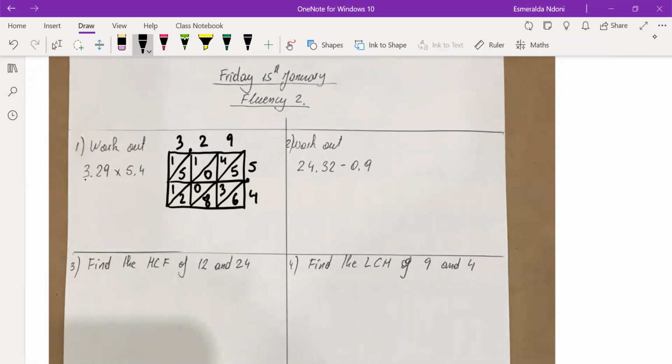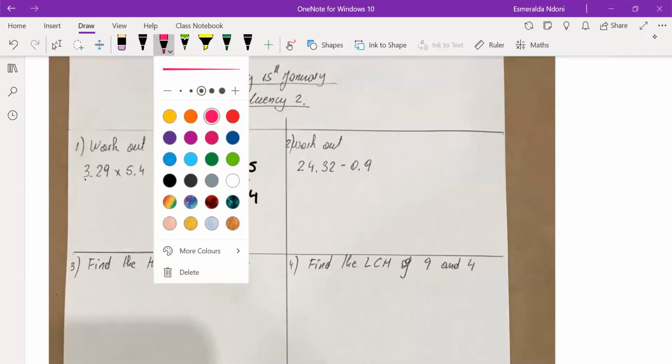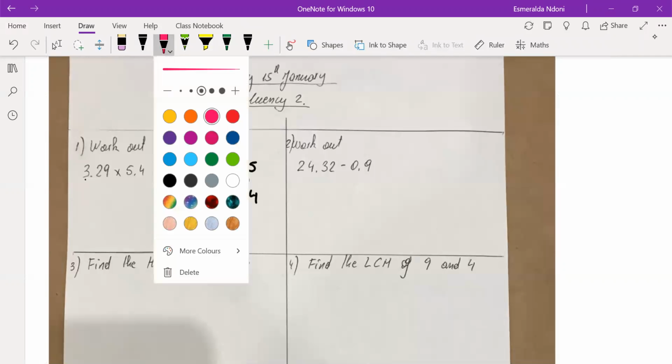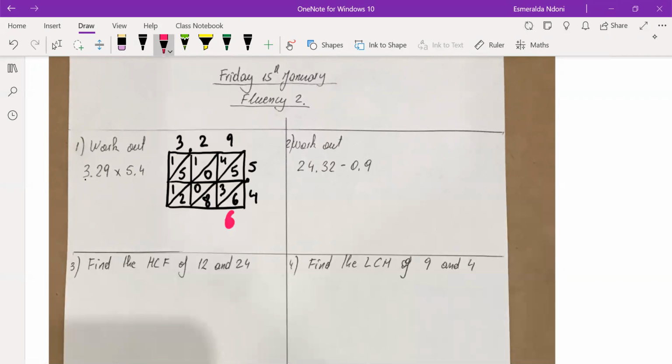Now we need to add these columns. Let's grab a different pen so then you can see what I'm doing. I have a 6. 3 add 5 is 8. Add this other 8 is a 16.